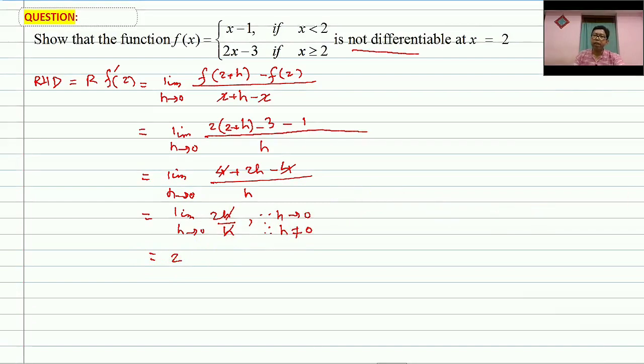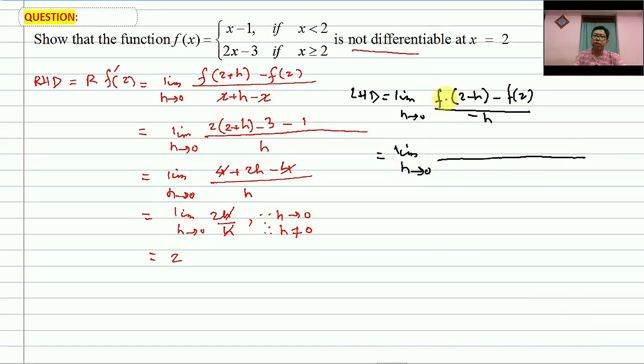Now find the LHD, the left hand derivative. Use the definition: limit h tends to 0, f of 2 minus h minus f of 2 upon minus h.